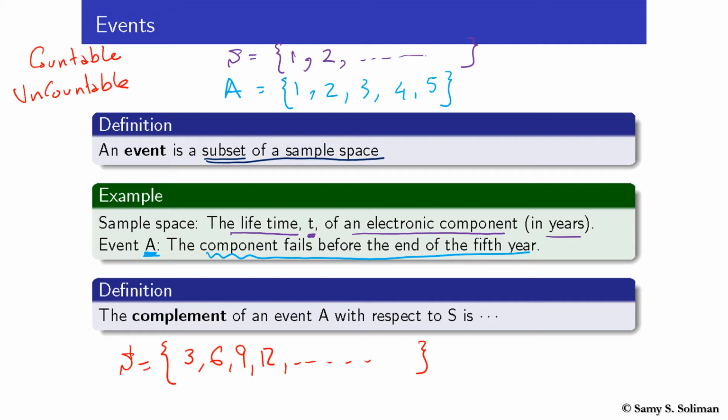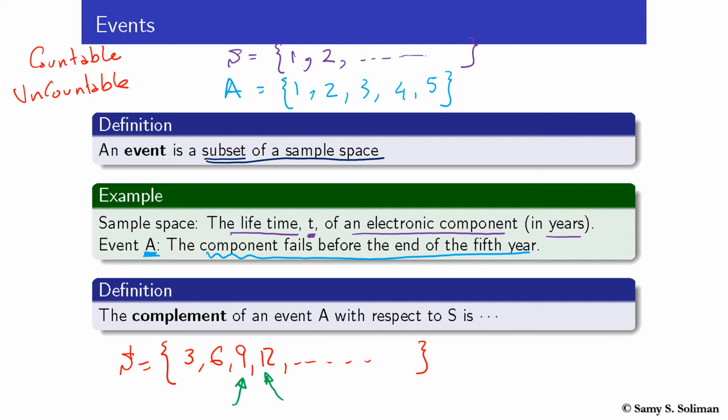For example, the 3rd element is the 3rd multiple of 3, which is 9. The 4th element is 12. The 10th element is 30. So we can name any element of the set, and that's why we consider it a countable set.